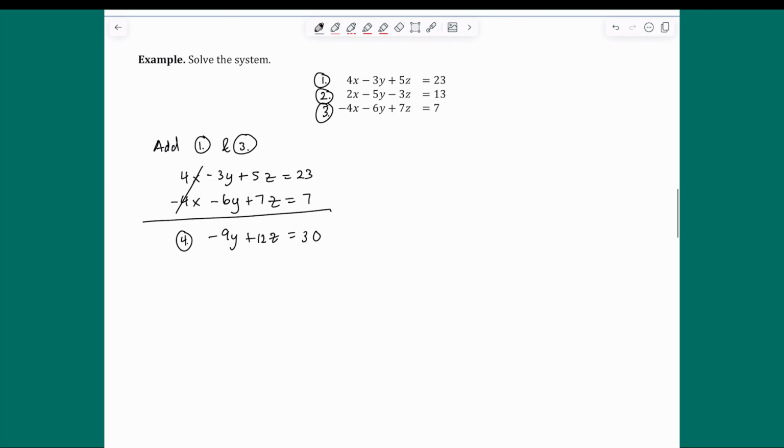Okay, next I'm going to take a different pair of equations and eliminate x again. So this time I'm going to take equation 2 and equation 1. So what I'm going to do here though is multiply equation 2 by a negative 2, then add the result to equation 1.